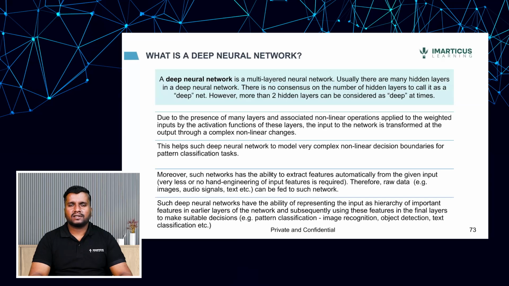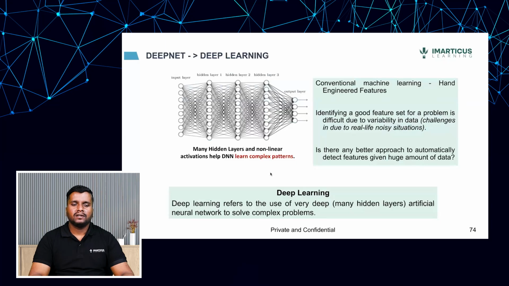It represents a hierarchy of important features at every level of layers, and this is how it identifies important information from raw input data, which can be image, audio, object, or anything.